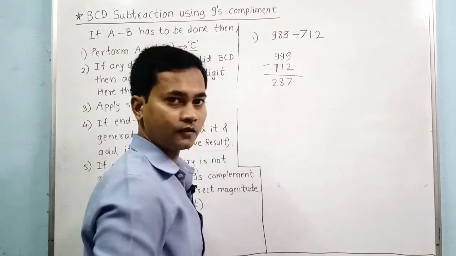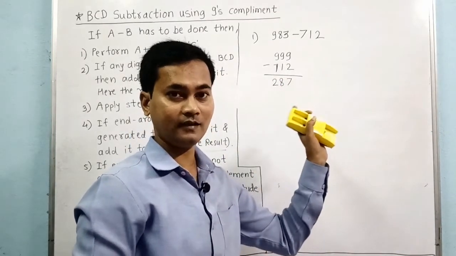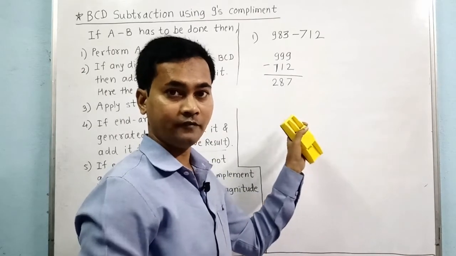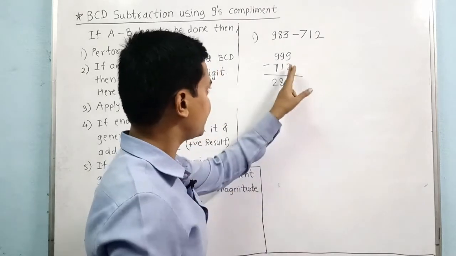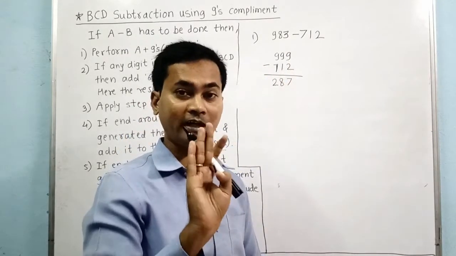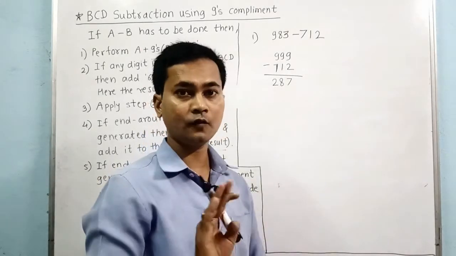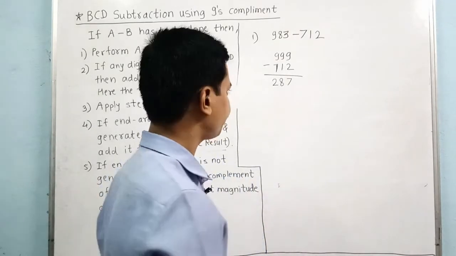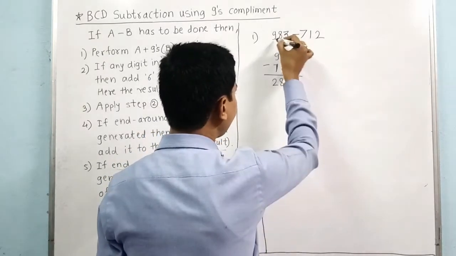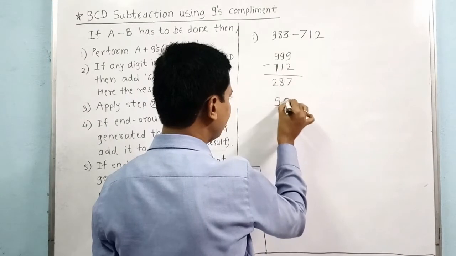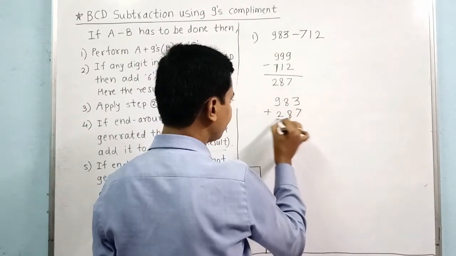Actually we are not performing in decimal, we are performing in BCD, binary coded decimal. So each digit is nothing but a 4-bit binary value. This 287 should be added to 983.